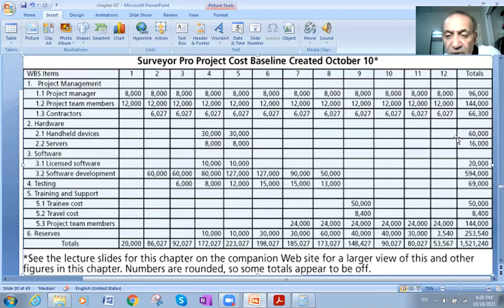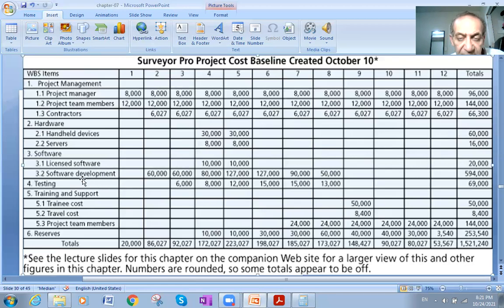So for the whole year, or for the whole 12 phases, 8,000 plus 8,000 give me 16,000 here. Likewise, here also the licensed software, 10,000 plus 10,000, 20,000.